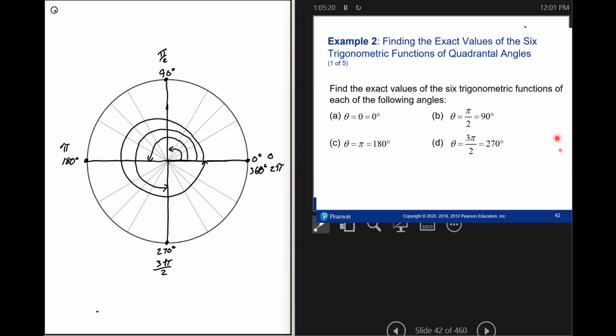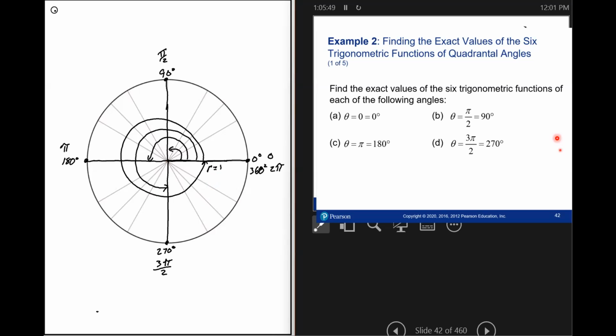It's a unit circle. It's called a unit circle because the radius equals what? Yeah, the radius is 1.